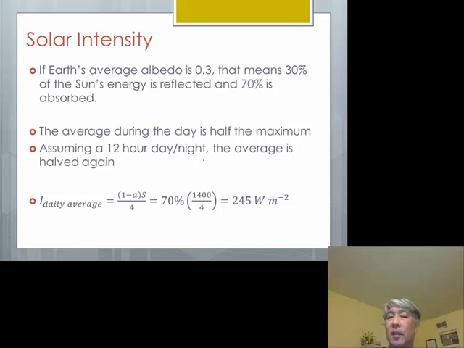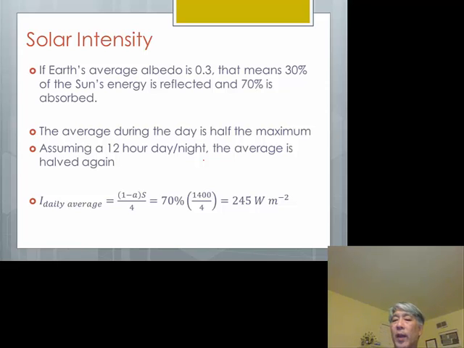And again, we multiply by another half because half the time we're in daylight, half the time we're in night. The average power turns out to be about 245 watts per square meter, if I average over the full 24 hours, not just during daylight hours.